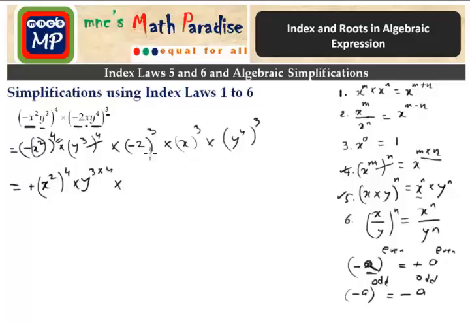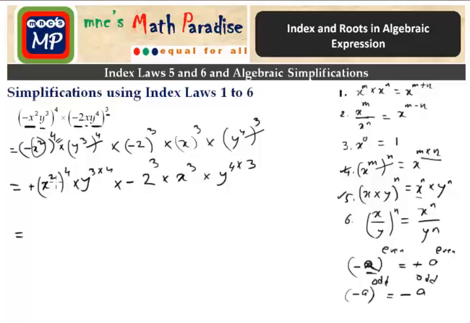That means minus 2 whole to the power 3 will give us minus 2 to the power 3. Here x to the power 3 is x cube. Here y to the power 4 to the power 3, so using index law 4, power on power will be multiplied, 4 times 3.